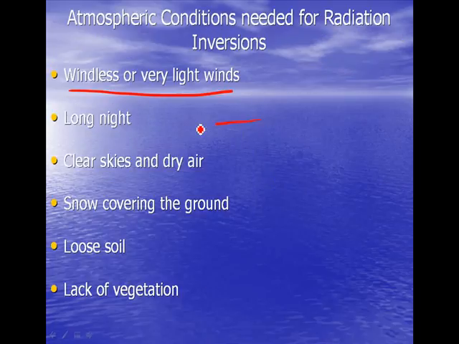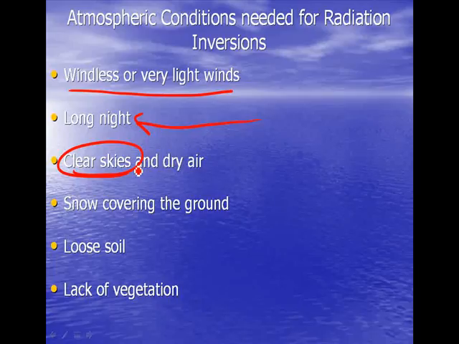Well, you need long nights. We talk about radiation inversions occurring because the Earth is losing infrared radiation. The longer the night, the more infrared radiation the Earth can continue to lose, assuming that we have clear skies. Now, keep in mind, back in Chapter 2, we talked about clouds absorbing that radiation coming from the Earth and emitting their own infrared radiation back to the Earth, thus keeping temperatures up.